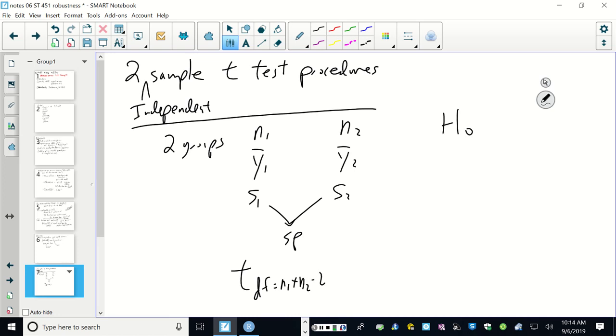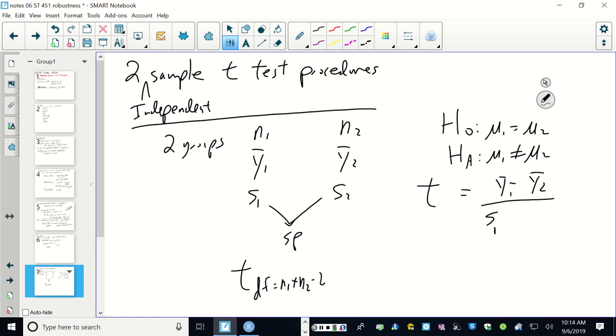and we're going to test a hypothesis: are the means equal versus not equal, by looking at a t-statistic. Our t-statistic is going to be the difference in the sample averages, right? And this pooled estimate of variance, and 1 over n1 plus 1 over n2.